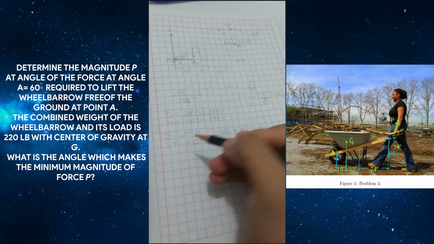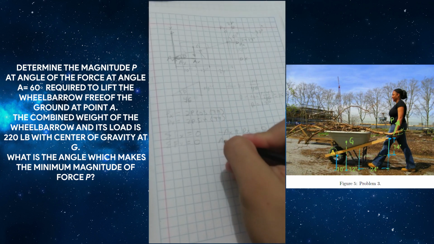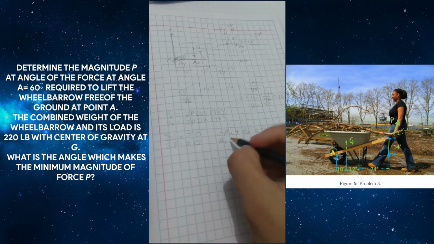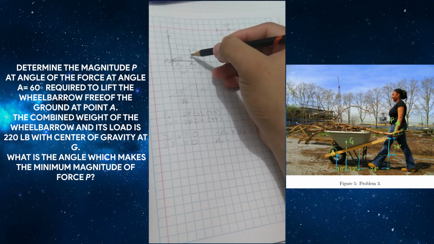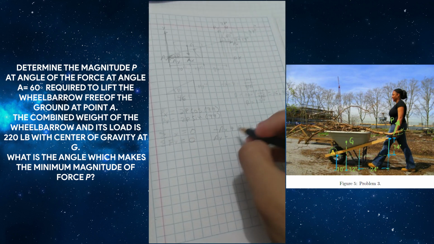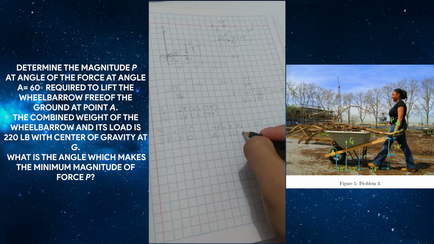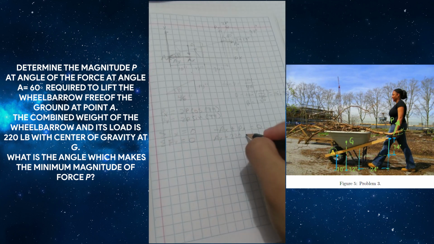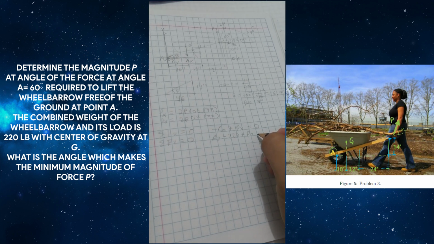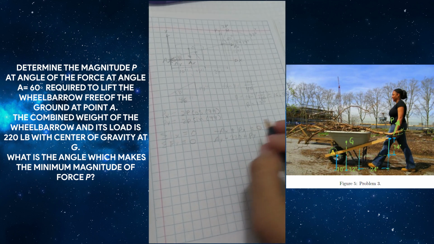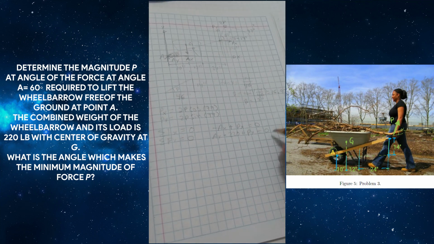For the forces in Y direction, I need Ay minus the weight of the wheel and its load, that is 220 libras, plus Py, and that's it. All of this is equal to 0.